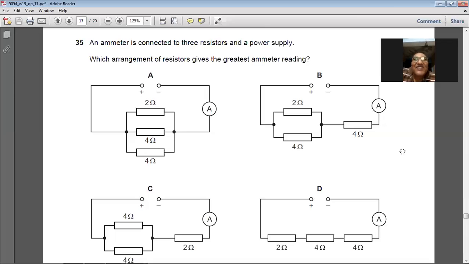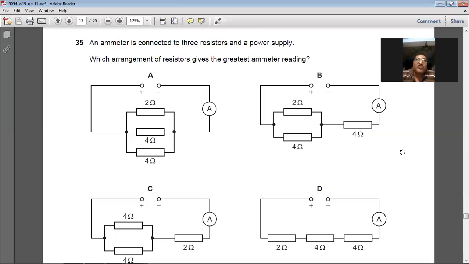You don't have to do the calculation here. It's just a conceptual question. If you connect all the resistors parallel to each other, the total resistance of the whole circuit will be minimum. When the total resistance of the whole circuit is minimum, the current coming from the battery will be the maximum, and the ammeter will give you the greatest reading.